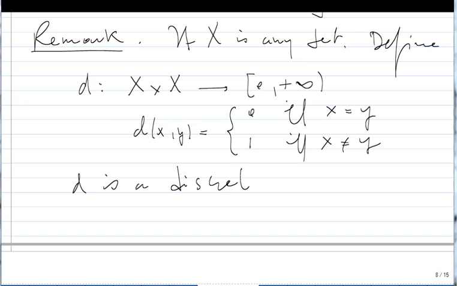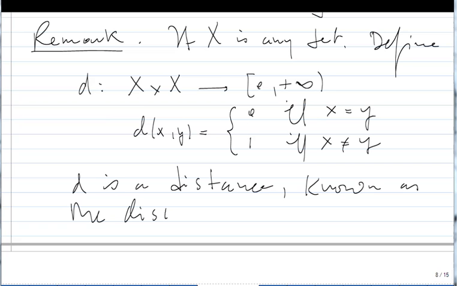The following example is what's known as ultrametric spaces. What does it mean? It means you have a metric space, and it is ultrametric provided that d satisfies the following.